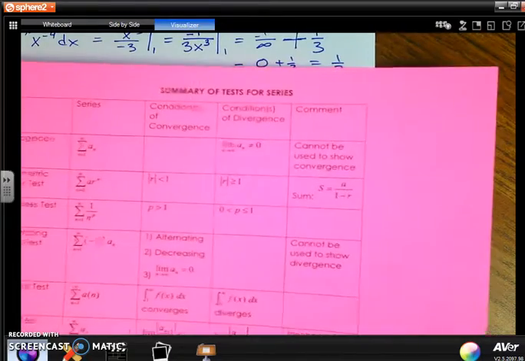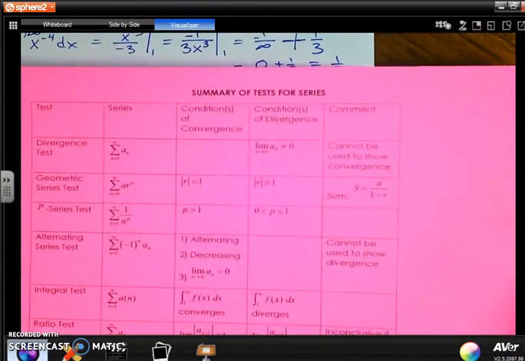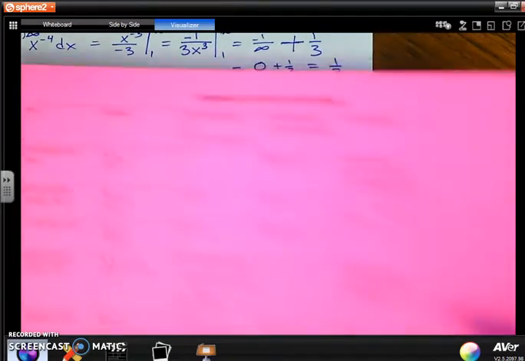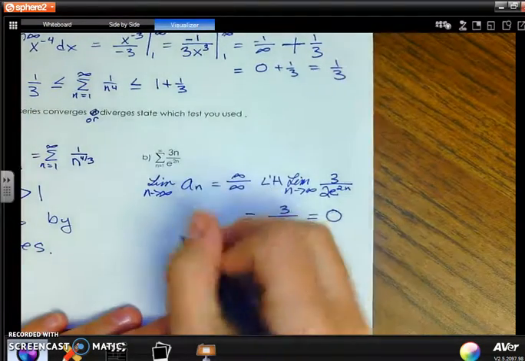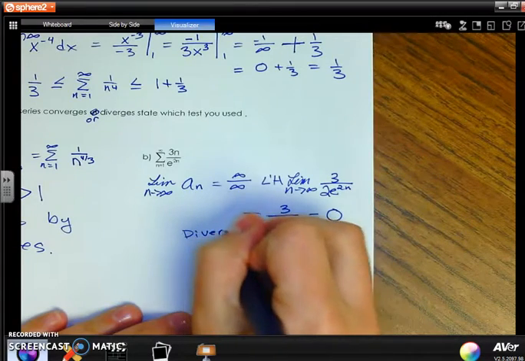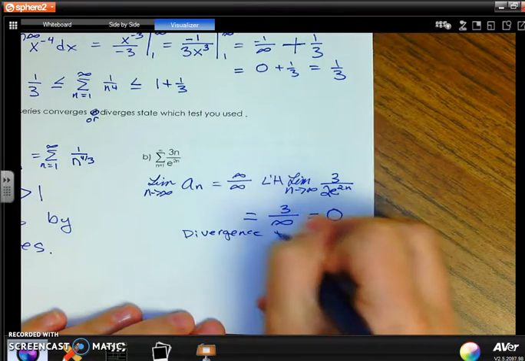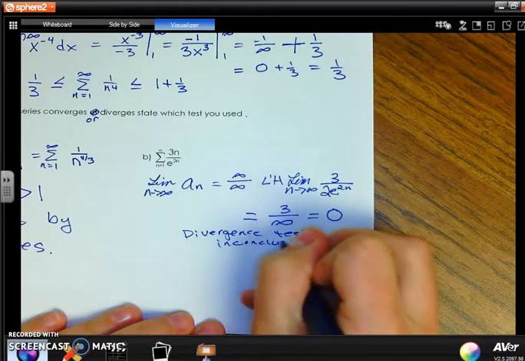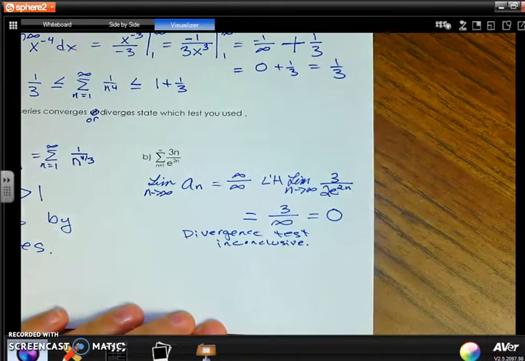Well, that was kind of bad news, because if I look at my pink sheet here, the divergence test only works if the limit equals anything but 0, right? So the divergence test here is inconclusive. So that means you have to try some other test.